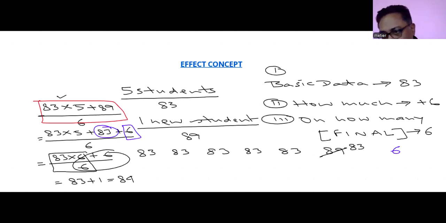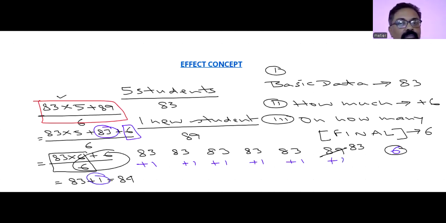So this extra 6 is distributed among these 6 students equally, and each student gets plus 1. So your average is 84 without the conventional method. This is the explanation.